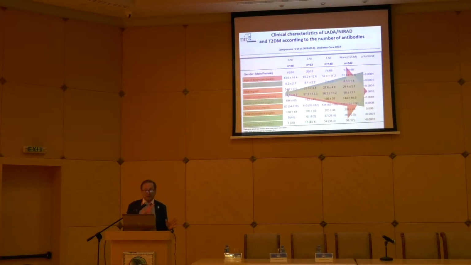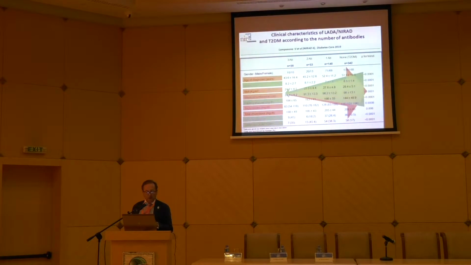Now here there are some clinical characteristics of LADA and NIRA, that is the other expression, non-insulin requiring autoimmune diabetes, and type 2 diabetes according to the number of antibodies. Now you have 3 antibodies on top, 2 antibodies, 1 antibody, and none. Look what about the age at diagnosis, 43, 45, 52, 51. What about HbA1c?